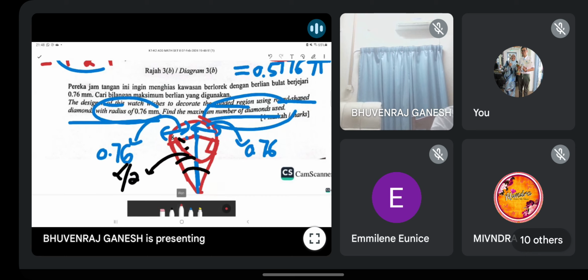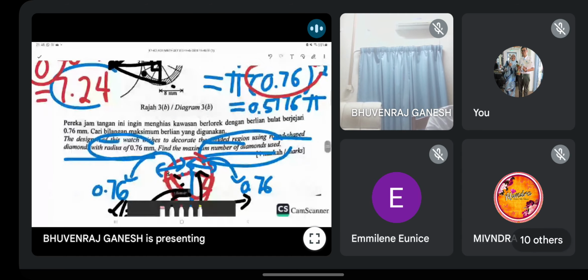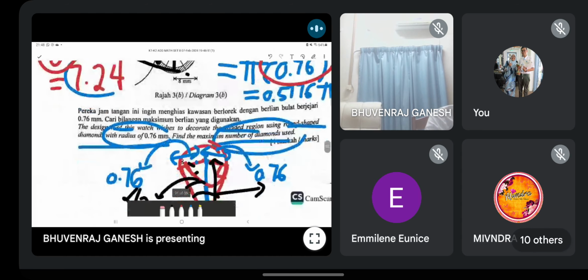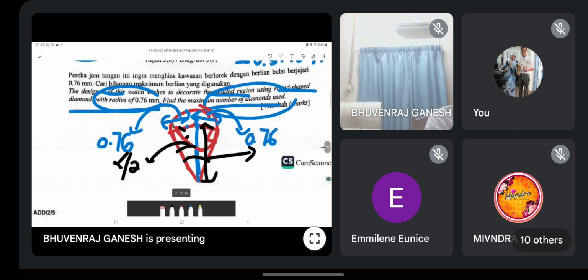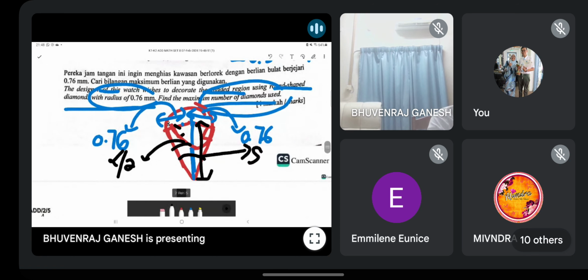So what is this length, guys? You must know this one. This length over here, how long is it? How much? Is it 8? Anyone? The hypotenuse of the triangle. Is it 8 cm? Basically, you got two choices, 8 or 7.24. Which one is correct?